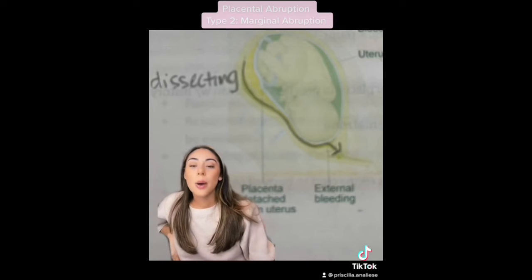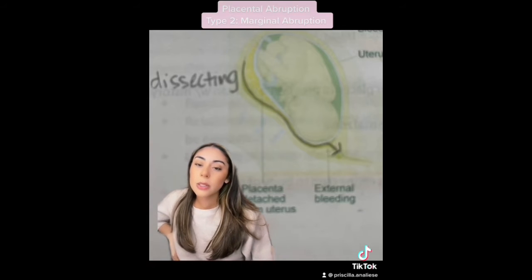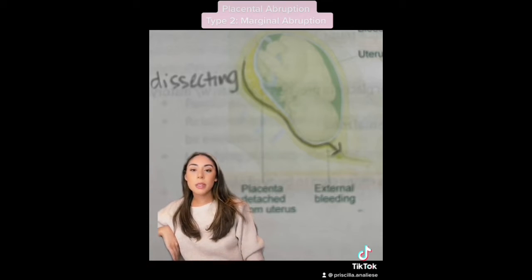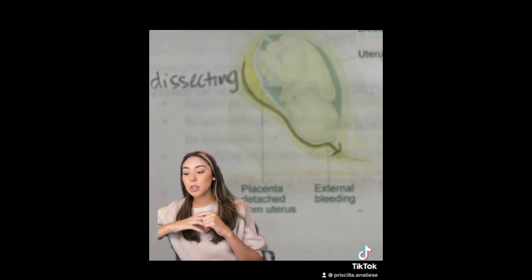Another type of placental abruption is called marginal abruption. With this one, I wasn't able to find a good ultrasound image online, so this one will have to do. But basically it is when the uterus and placenta are still separating, but the blood clot isn't concealed like with the retroplacental abruption.